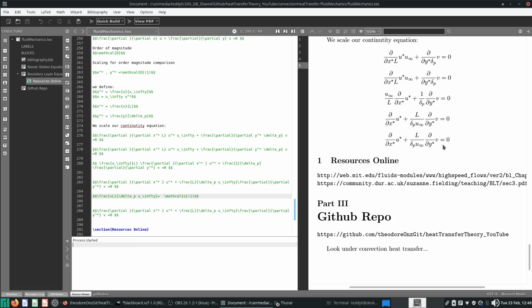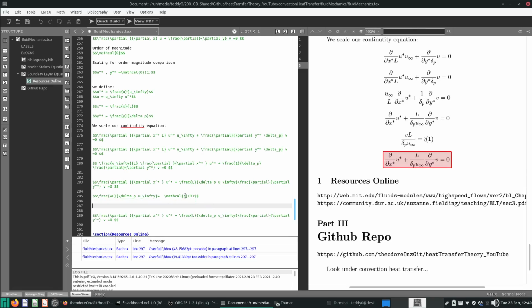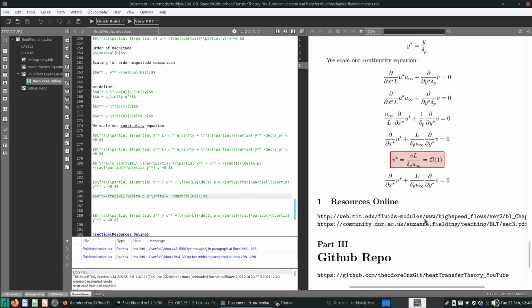And let's compile that. We can actually define this to be our V star. So V star will be equal to all of this.